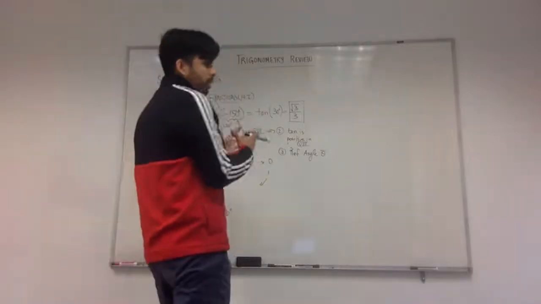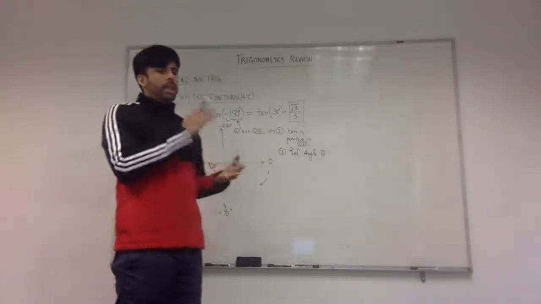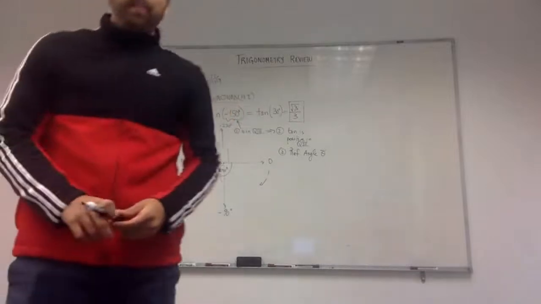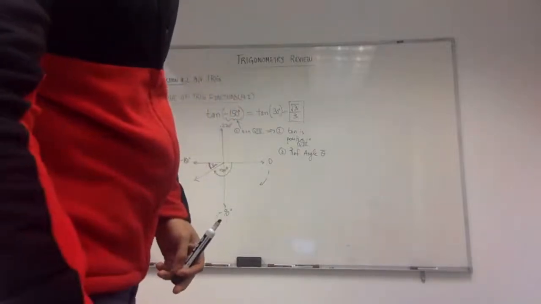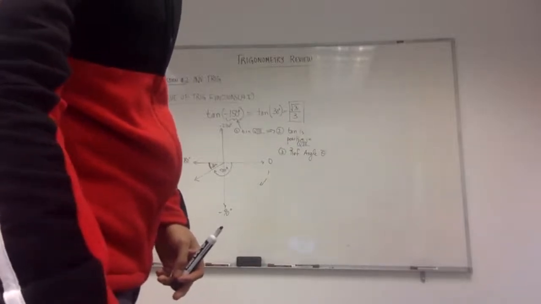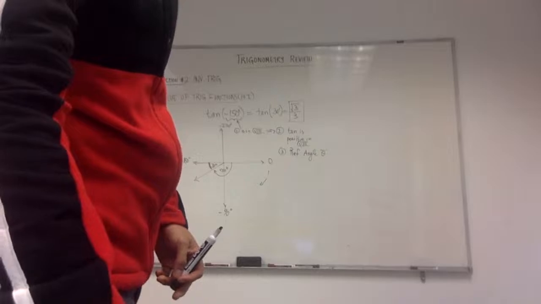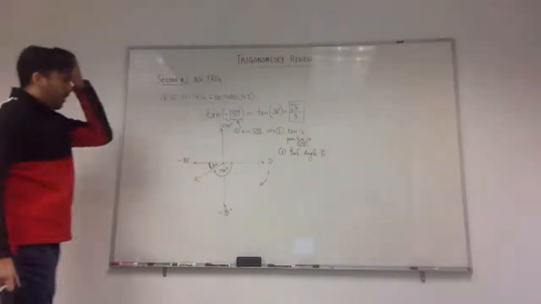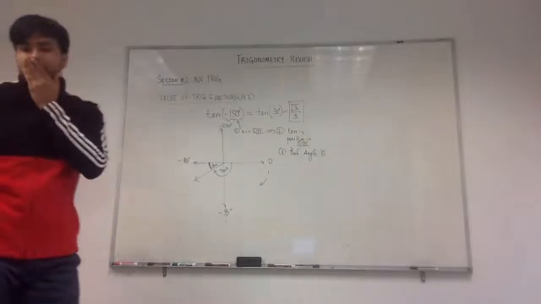They're like the basic ones that we should know the values for sine, cosine, and tangent of. And once we have that, then we can figure out the exact value. Okay? So that's how you find the value of trig functions part 1.